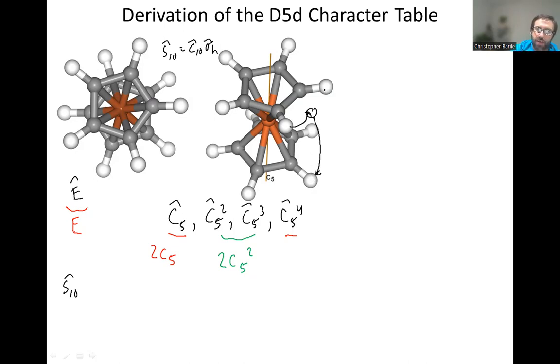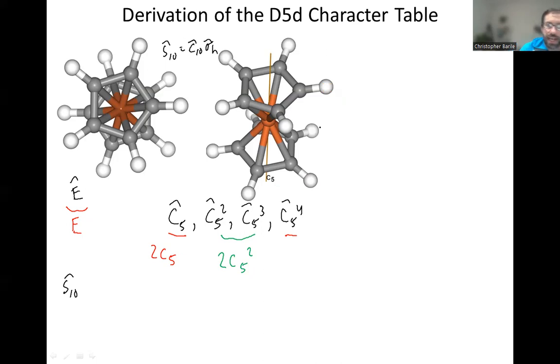So you can see how for all these cases, for something like this one, this atom, if we trace that through, let's use a different color, it would go in between here, right? Not all the way over there. And then it would flip up with the sigma h to here. So it traces into a different hydrogen atom, but because it doesn't go into empty space when we do this S10, it is indeed a symmetry operation.